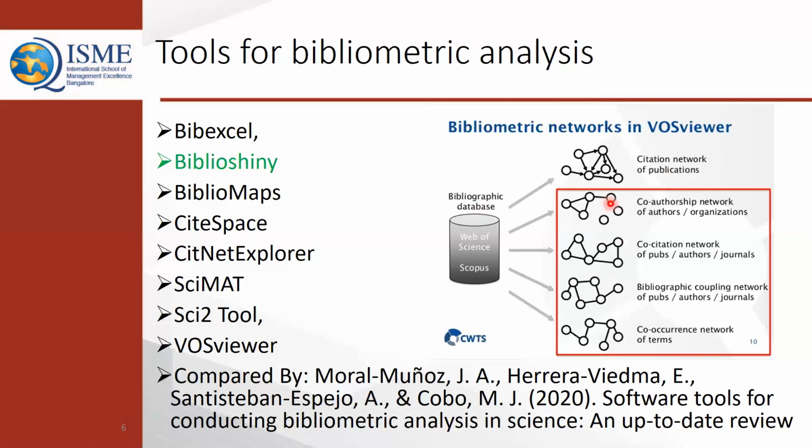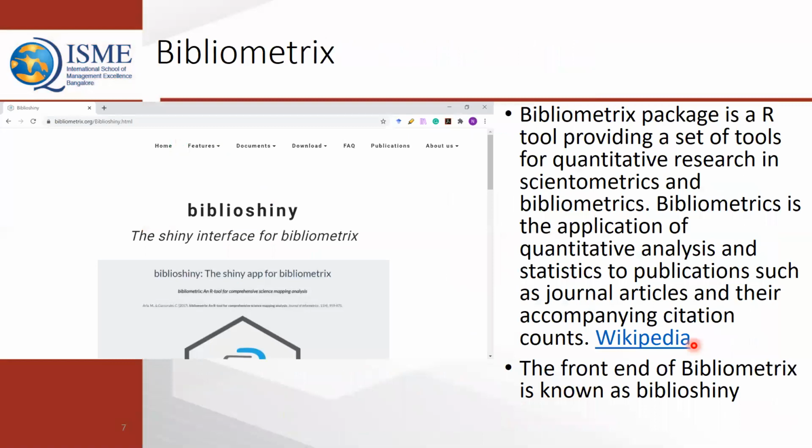Now, what generally happens is that based on what you upload, there is an analysis of many of these things which comes up. Citation, network of publications, co-authorship, co-citation, bibliographic coupling, co-occurrence network. There are many other things which we will get into in subsequent videos. The one that we are using is known as Bibliometrix.